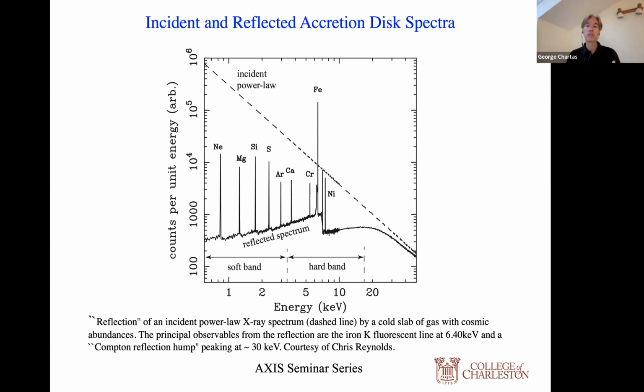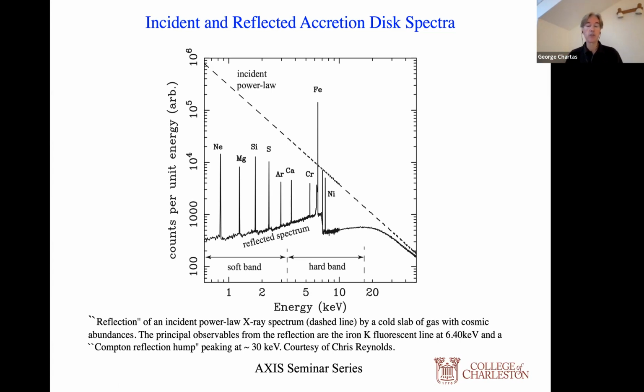Now, obviously, you don't see this reflection spectrum in a quasar, and the reason why is you have a disk that's rotating, and especially in a black hole, you have GR and SR effects. So these lines actually get relativistically blurred, but we do actually see the blurred iron line, but notice the other lines at lower energies are not actually resolved and not seen.